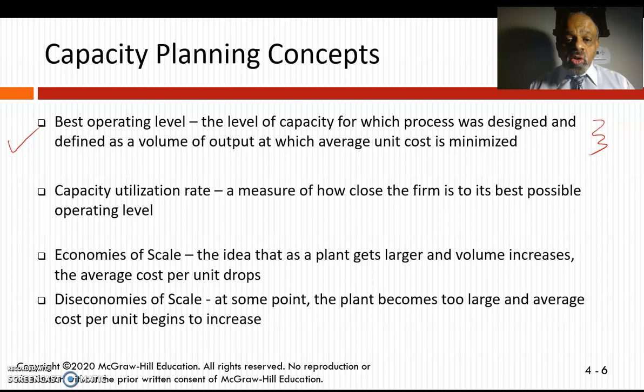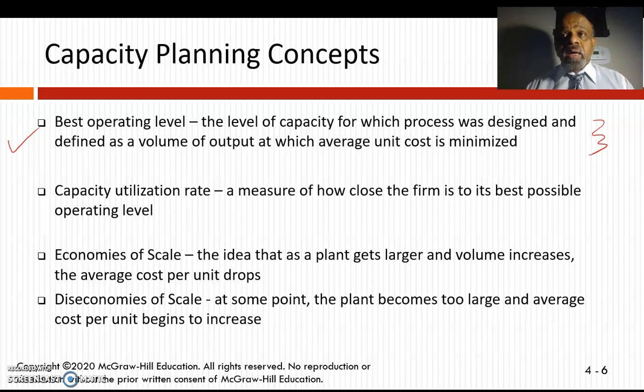Capacity utilization rate is a measure of how close the firm is to its best possible operating level. So let's say, for example, that Tesla is planning to have 30,000 cars for this month. They're producing 30,000 cars this month. Okay, that is their best operating level.